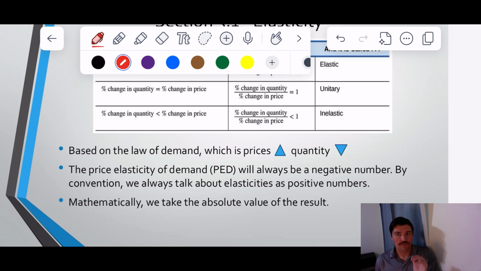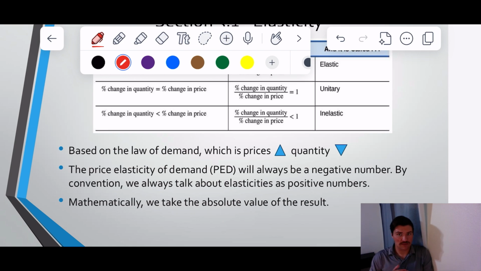But also, if you got negative 1.5, you would think that's inelastic because it's less than 1. But actually, it's elastic. Because it's always going to be a negative number, we need to take the absolute value to show us that there are numbers that are greater than 1 and numbers that are less than 1. Okay, so always take the absolute value, look at the positive numbers.